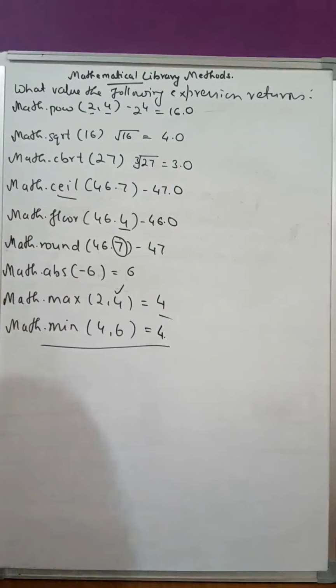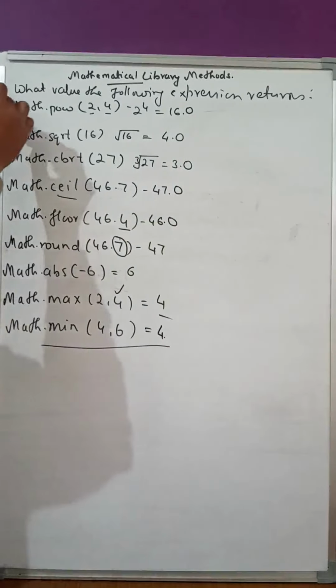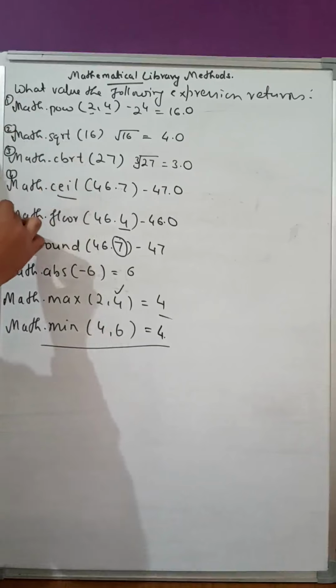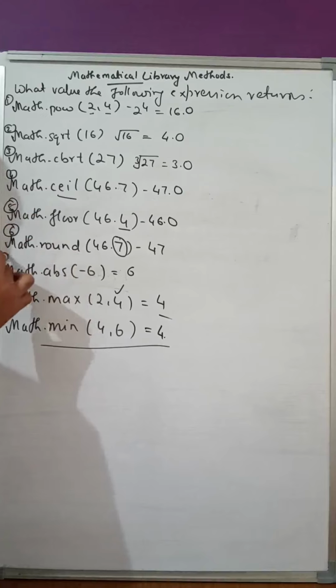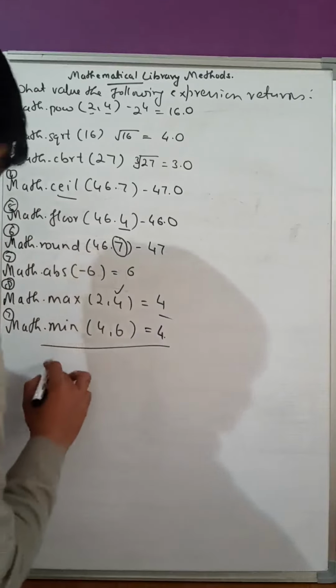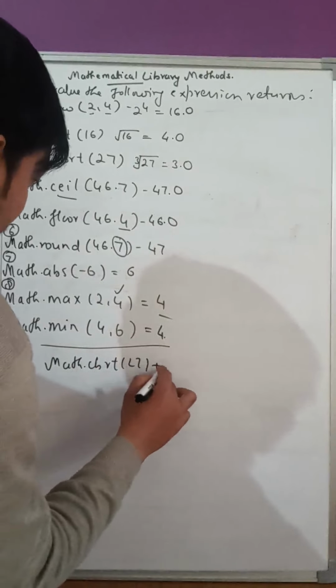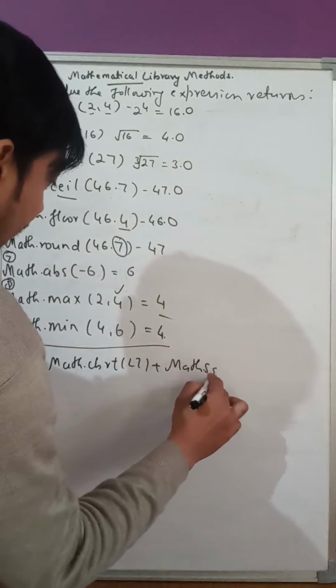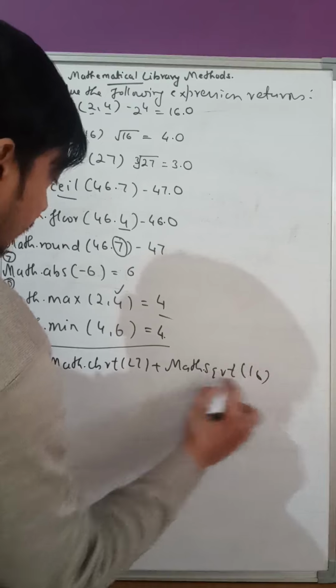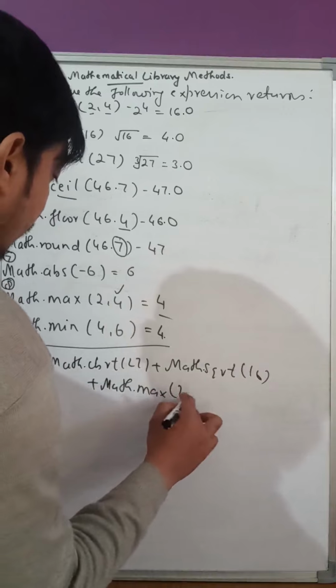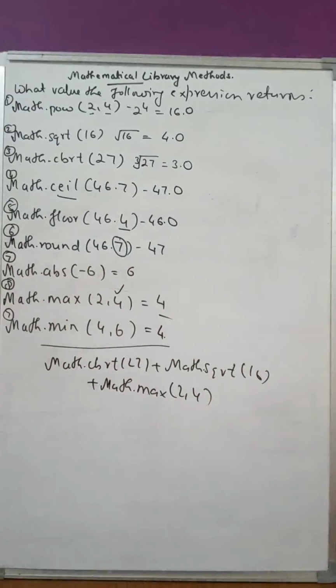Okay, so you can see that all these questions are implemented, right? But they are all individually available over here. In the question paper, you will have a combination of all. Like if I write a question like Math.cbrt of 27 plus Math.sqrt of 16 plus Math.max 2,4, in this case, what way will you do it?